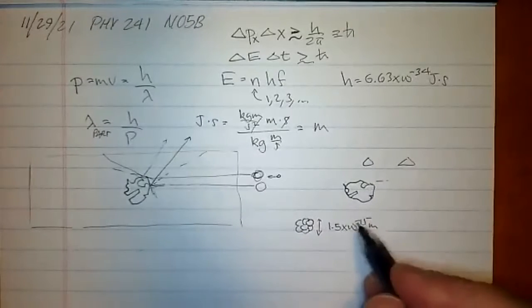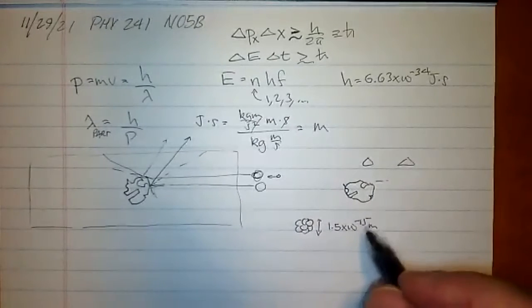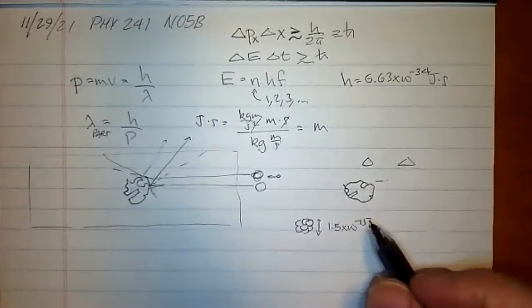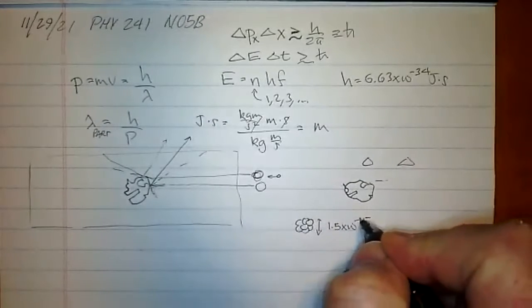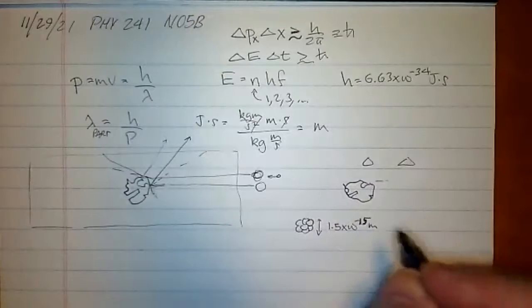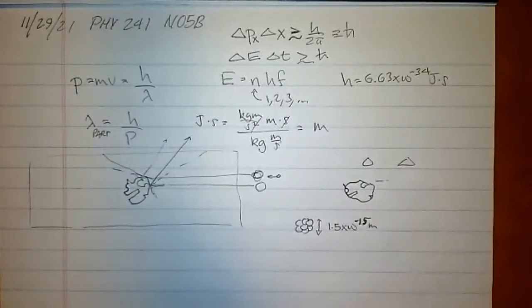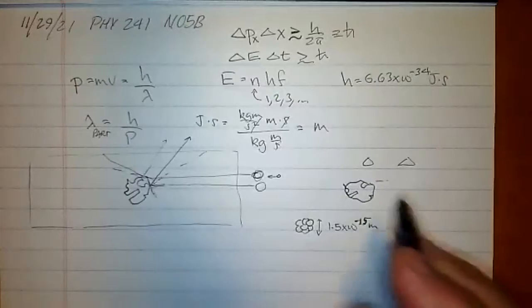And that means we need something about that big to do it. If we got smaller than that, that's great, but we're really pushing the envelope trying to get something that small. That's literally a 0 followed by a decimal point, followed by 14 decimals, and a 1.5 after that in meters. So that's how you do it.